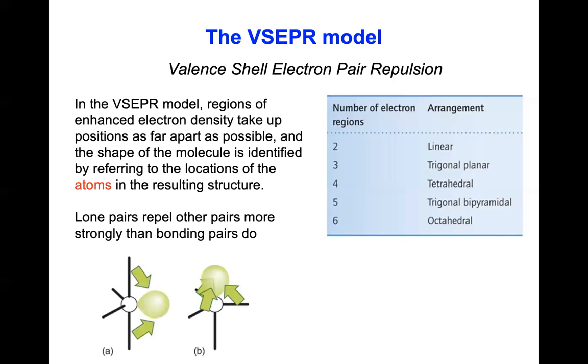In this case, that's a central atom here. It's bound with four non-central atoms. Let's call that XY4. So you can draw this geometry.